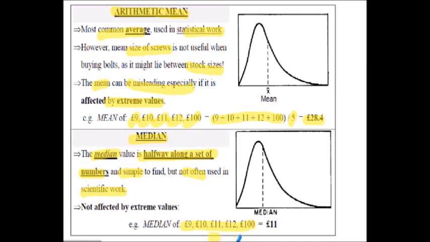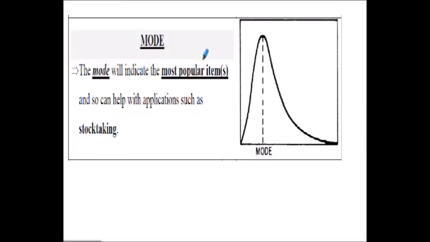So it's simply the £11. So in other words, when you compare the median to the mean value above, you can see how it didn't get affected by that extreme value of £100 per hour, whereas the mean did. The mean shows the average is 28.4, which is not really representative of the data there, when most people are earning well below that value.